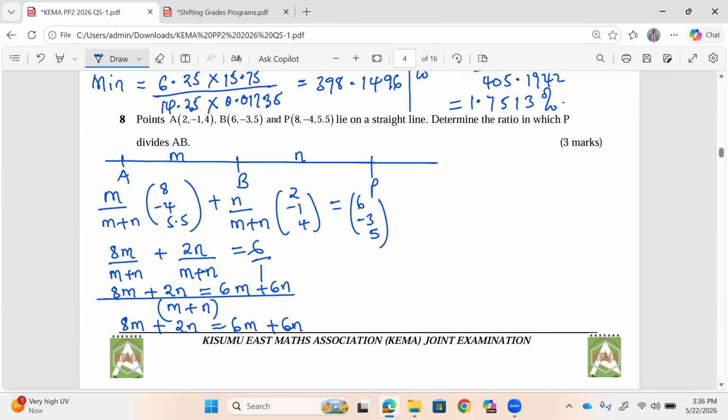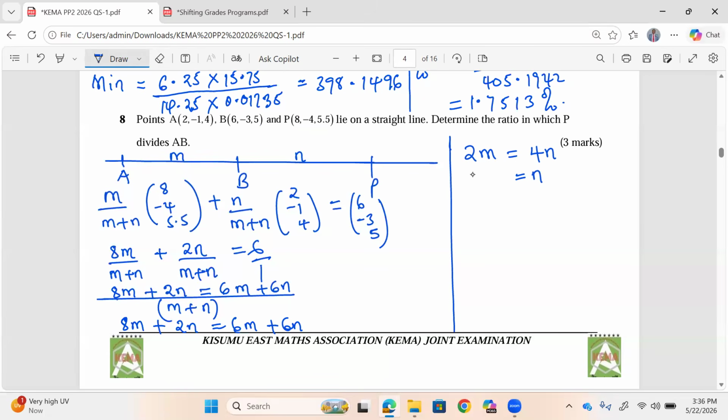With this understanding now, we can come up with ratios. To come up with ratios means we can have 8 minus 6, I'm grouping terms together now. 8 minus 6, that is 2m. 6 minus 2, that is a 4n. With this, we can remain with n alone. I want to take you slow.